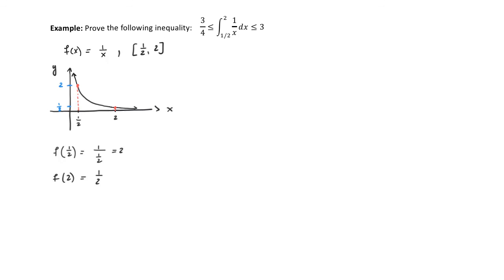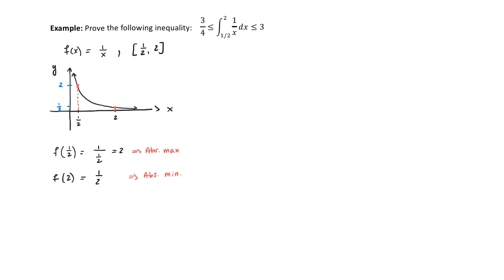So then in that interval, 2 becomes the absolute maximum, and I'm going to make a note of that. This becomes an absolute maximum in my interval, and 1/2 becomes the absolute minimum in my interval from 1/2 to 2.